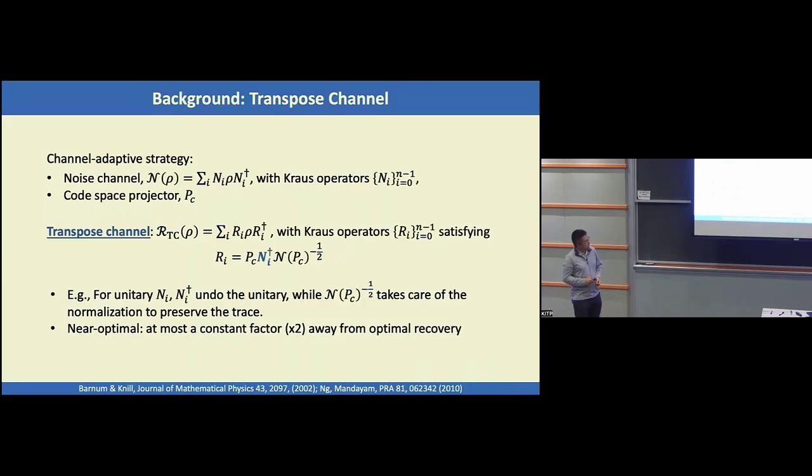One nice feature of this transpose channel is that it's guaranteed to be close to optimum, because the infidelity of this recovery is within a factor of 2 of the optimum recovery. So if we don't care about that factor of 2 in the infidelity, we can say this is close to optimum. And the good thing is everything you can write down analytically.